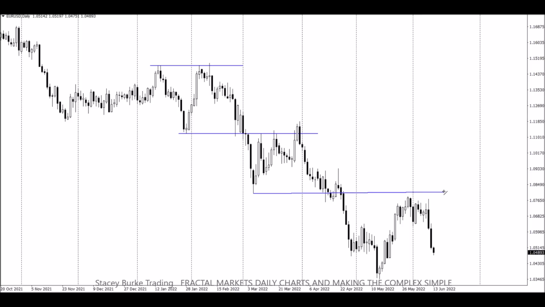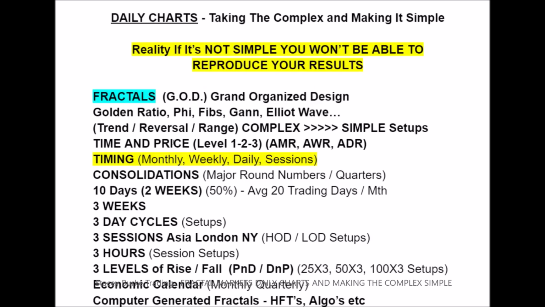And again, we will break this down into smaller cycles. So we can talk about monthly, weekly, daily, and session cycles. Just highlight that. And then the consolidations around major round numbers and quarter levels.